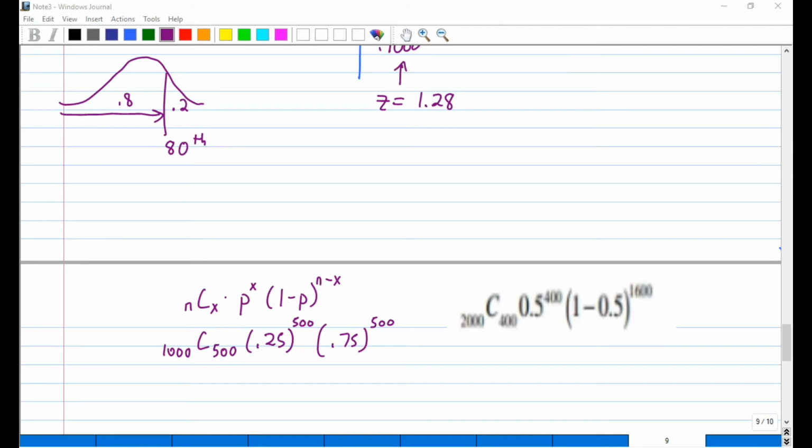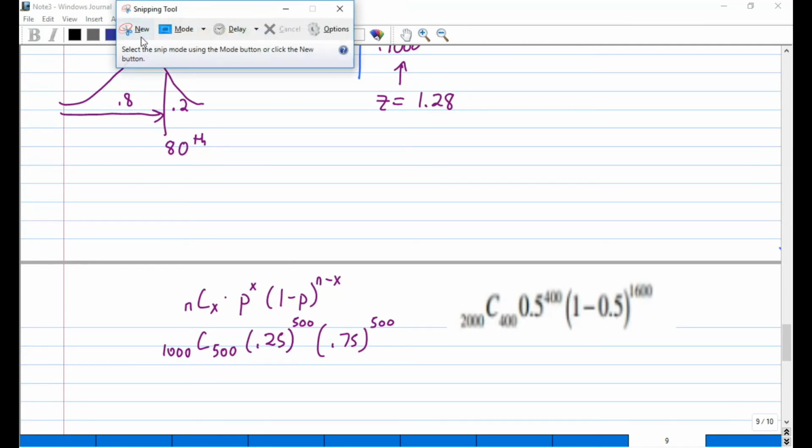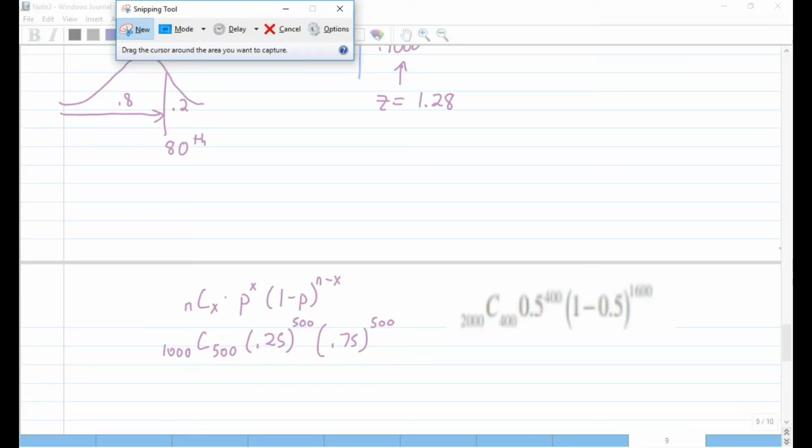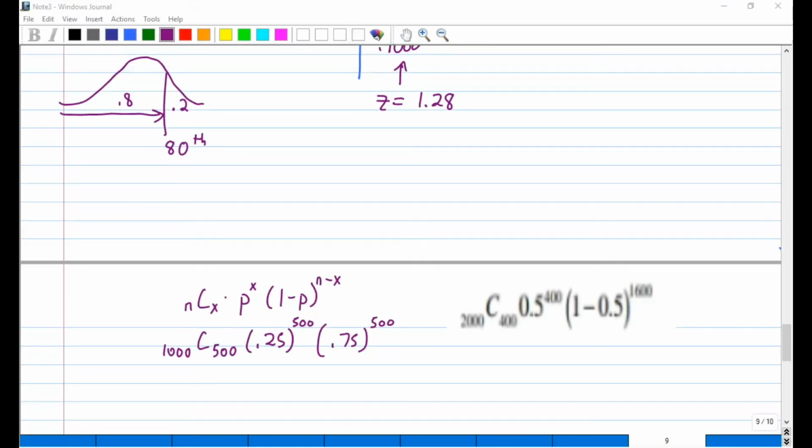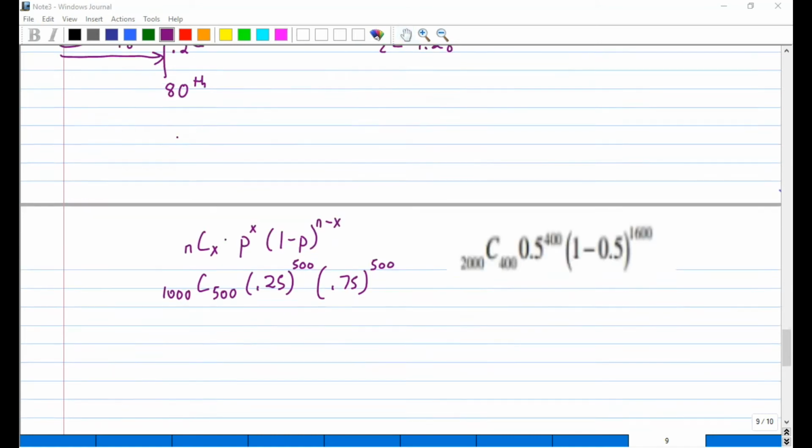So, let's see if we can quickly work through these two problems. Let me make sure we don't need any more information. So here's the problems.